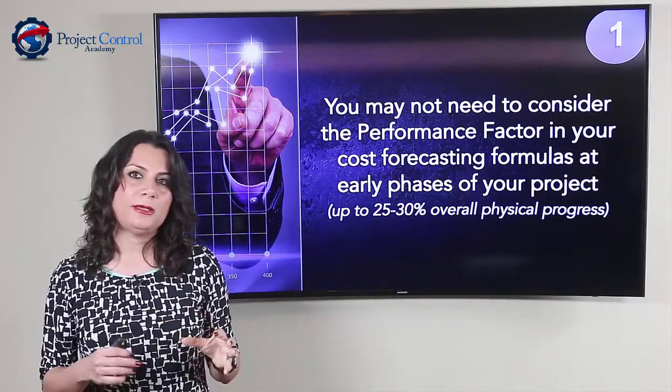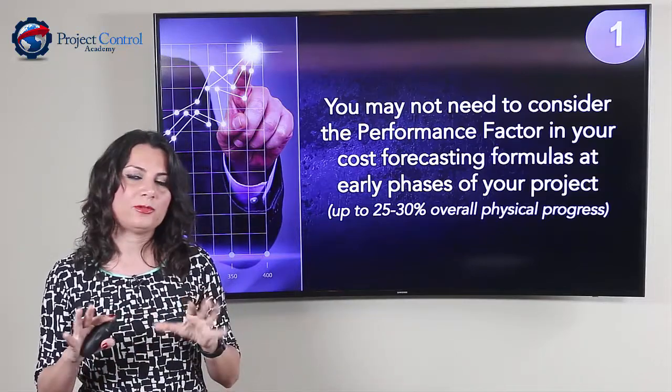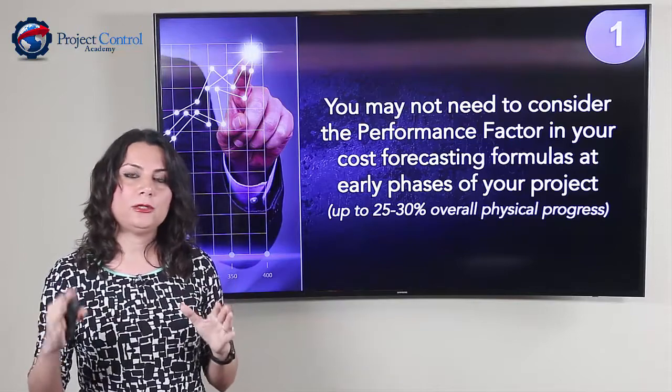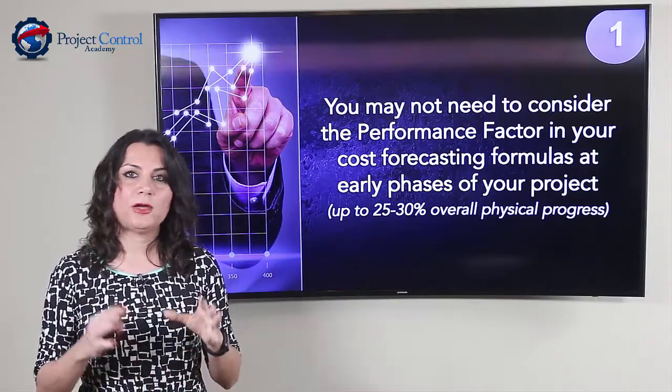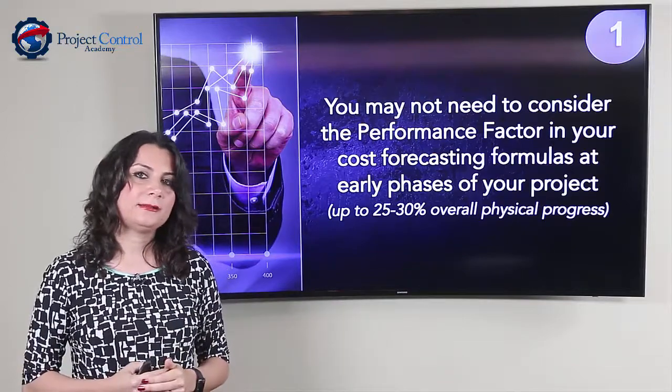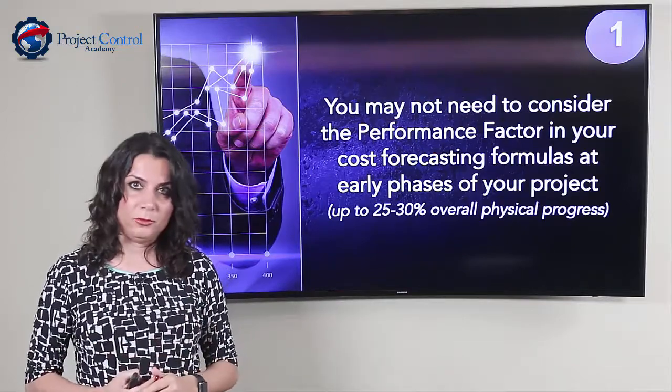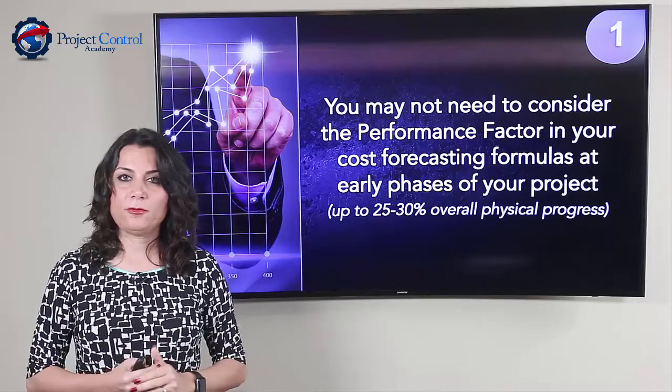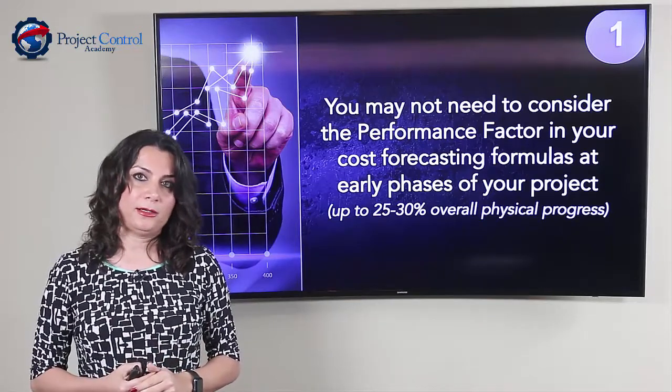And by early, I mean around 20 to 25%, like up to that point in your project, when you have the physical progress up to 20 to 30% progress, it might be safe to use other formulas and not use the performance factor in there.